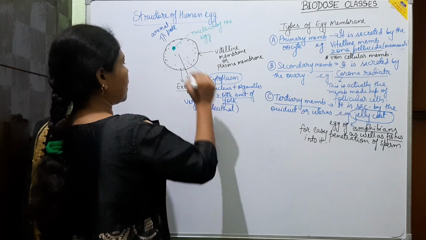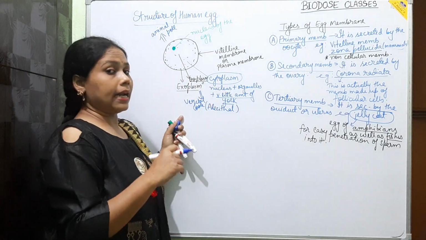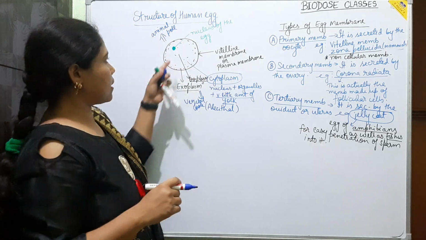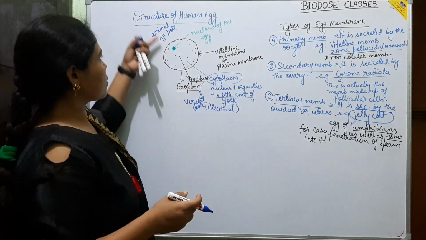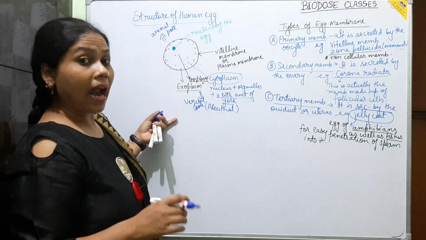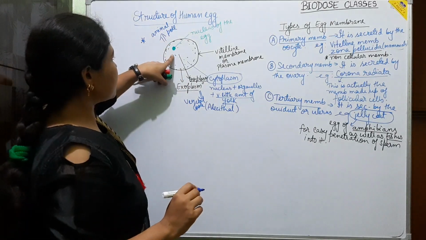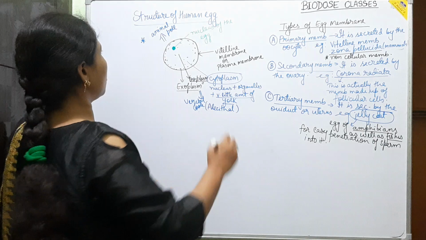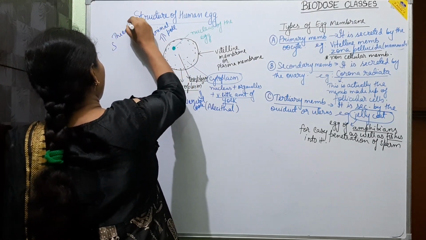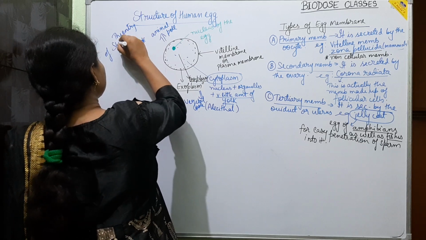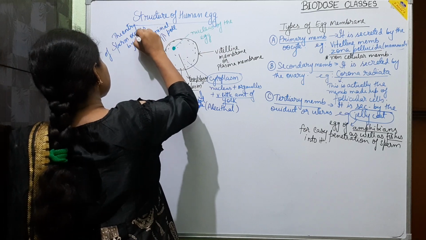So there are two polar regions that decide the axis of division of the zygote. Cellular division's axis is decided by this, and it is also important because the nucleus is nearer to the animal pole, so the entry of sperm occurs from this side.